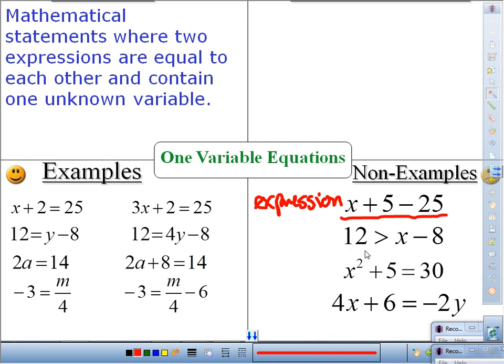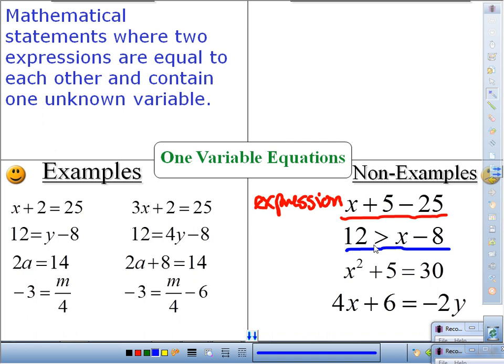The next one. Why is this one not a one variable equation? Julian: Because there can be multiple answers. Like, for example, you can just put whatever answer you want on there, and it should equal what it says.